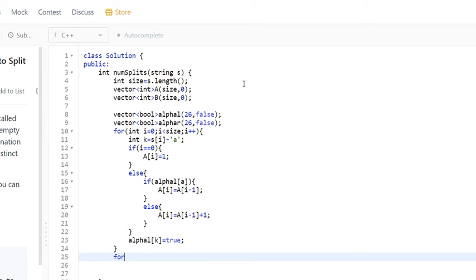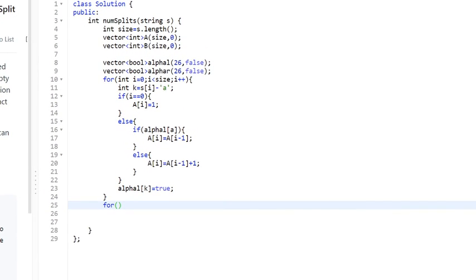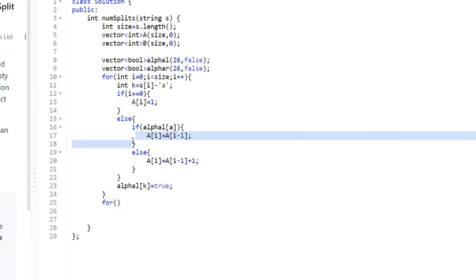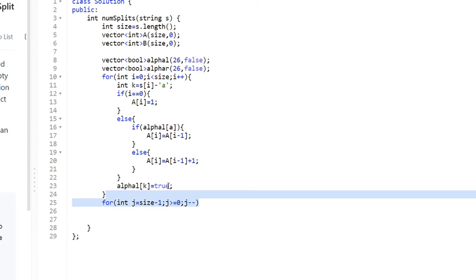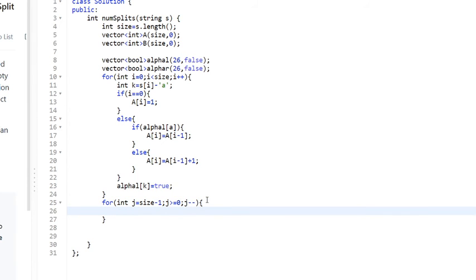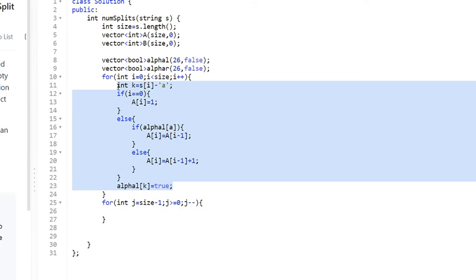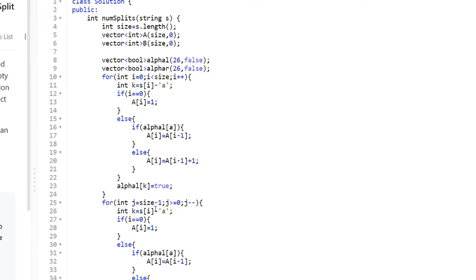Similarly, we have to calculate B. We just need to do it the other way around. That's all. Let me copy this code, and instead of i, let me use j.